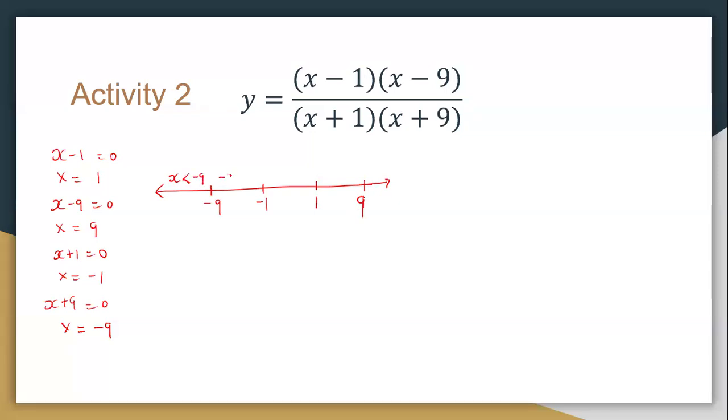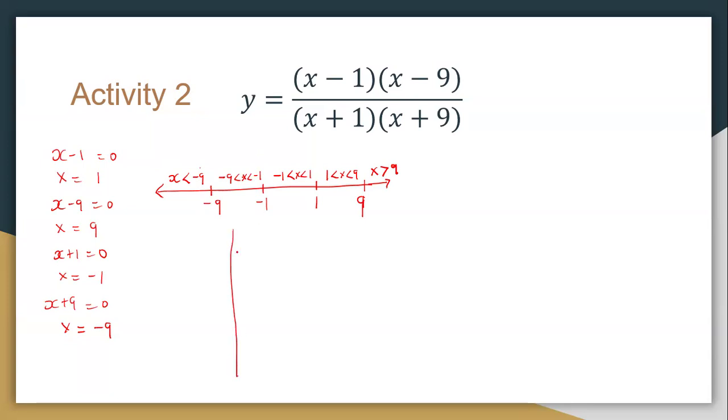I get between negative 9 less than x less than negative 1. I get between negative 1 less than x less than 1. Then I get between 1 less than x less than 9. Then also I get what about above 9. So I read all the different sections such that I know when our values of x are below negative 9, how does our curve behave? What about when it is between negative 9 and negative 1?